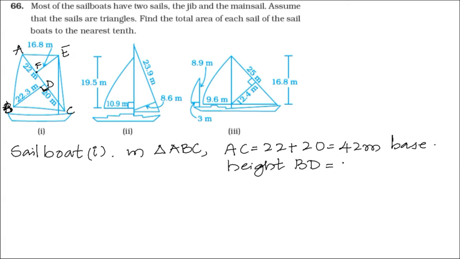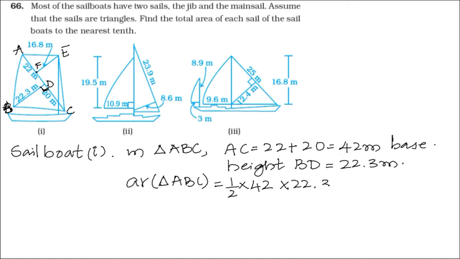The height BD is 22.3 meters. Now using the formula we can find the area. Area of triangle ABC is half into base into height. Base is 42 meters multiplied by the height 22.3 meters. This can be simplified further. 21 is to be multiplied with 22.3 and we get 468.3 square meters. This is one triangular part.